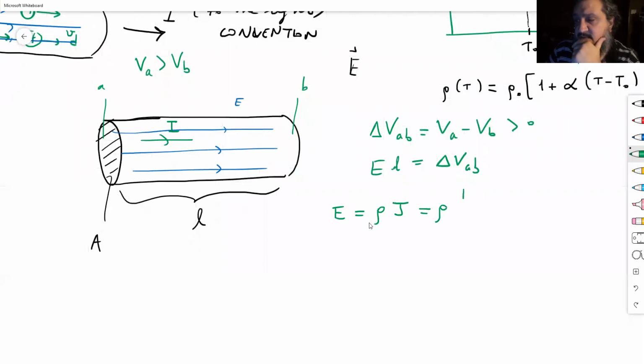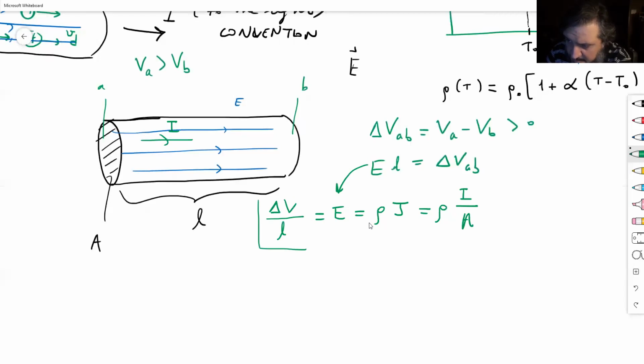So rho times I divided by area. But the electric field, based on this, is now equal to delta V, I'm going to drop this A and B, you know what I'm talking about, right? Delta V, the potential difference, divided by L. Okay, so delta V over L is equal to rho times current divided by A. I'm going to solve this for rho.